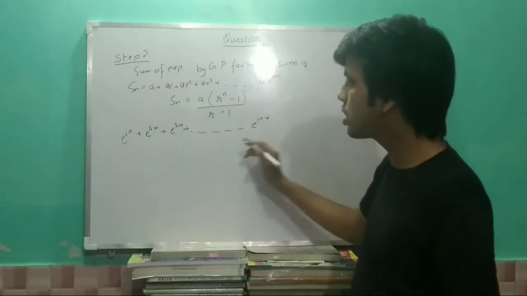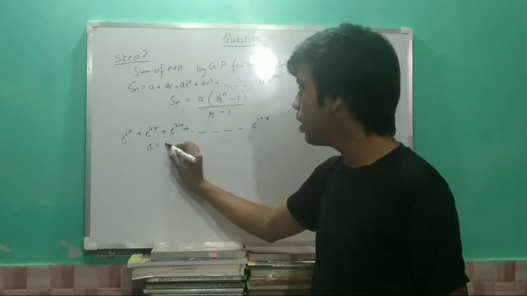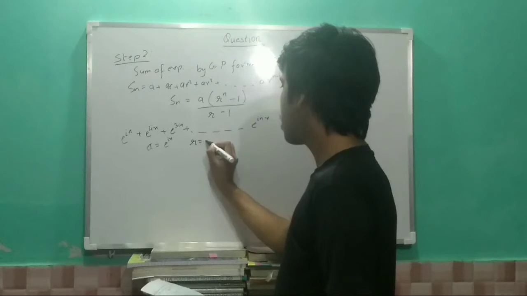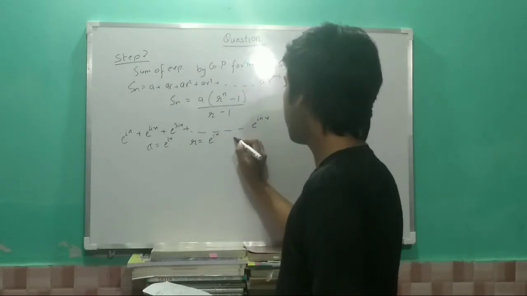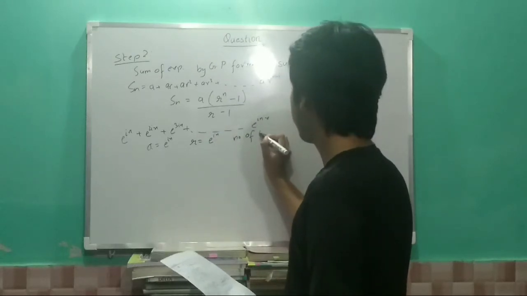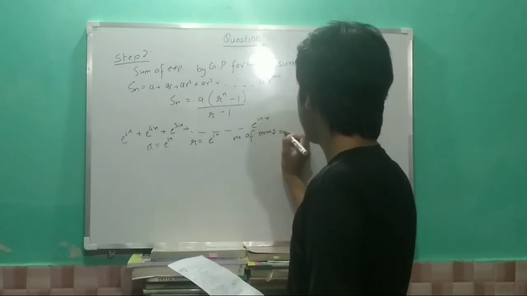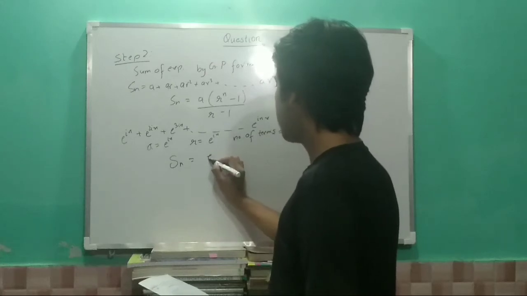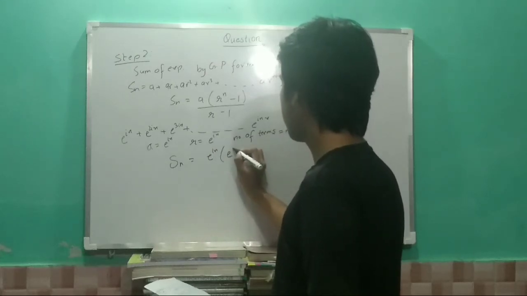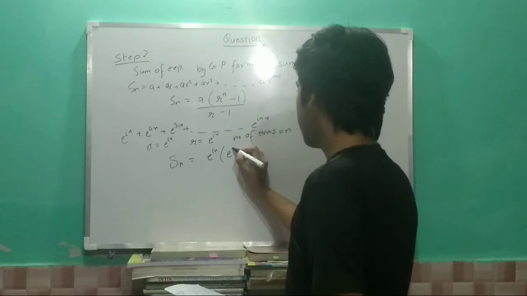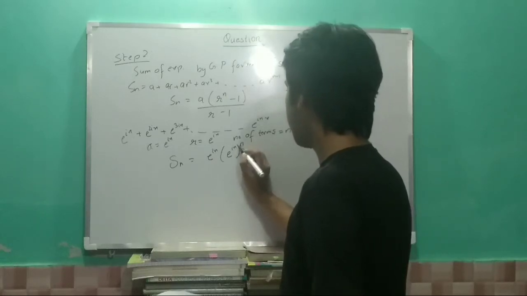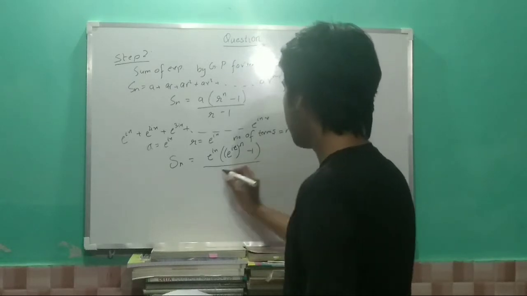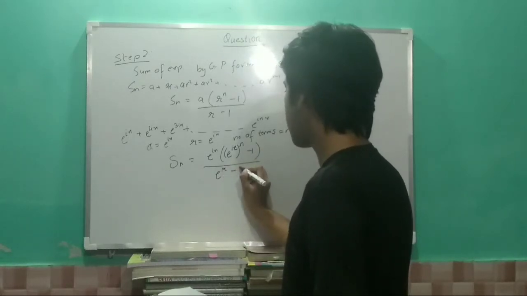In this exponential series, a is equal to e to the power ix and r is equal to e to the power ix and the number of terms is n. If we apply the formula of Sn, then e to the power ix times e to the power ix to the power n, minus 1, divided by e to the power ix minus 1.